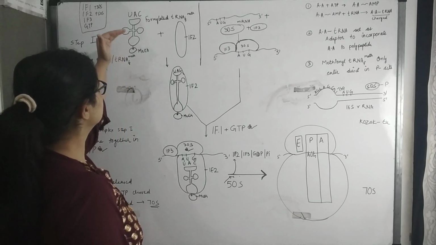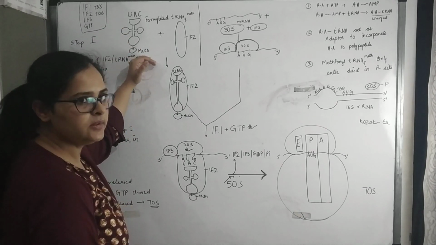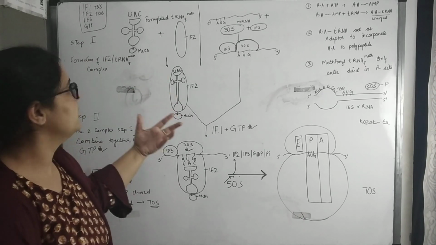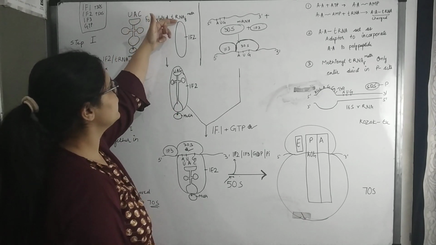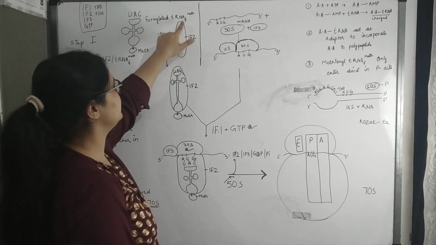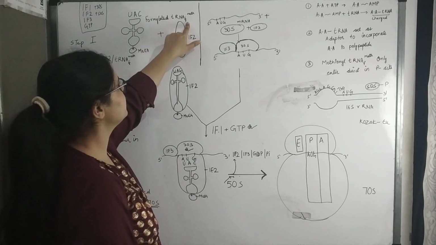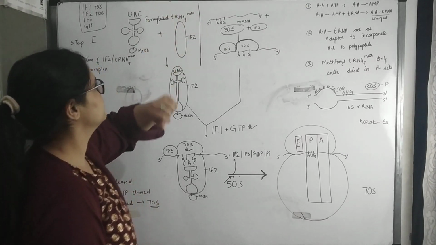Okay. Now the charged tRNA with methionine, which methionine? Methionine which is formylated. So it is also written as tRNA with subscript f and methionine as superscript.